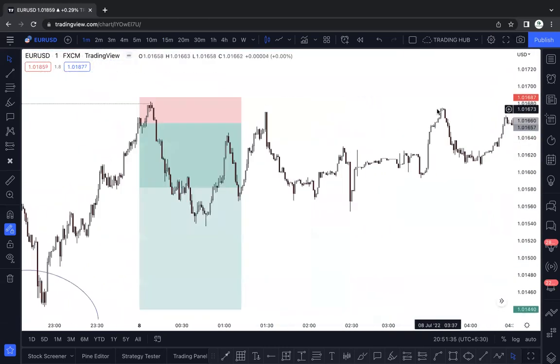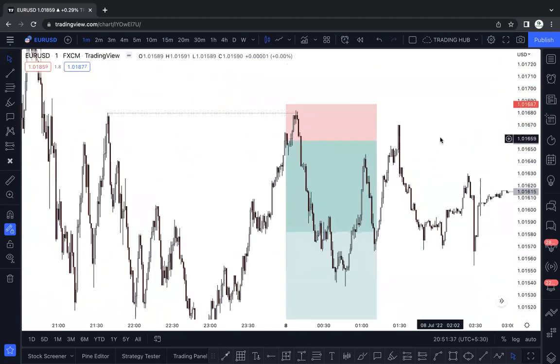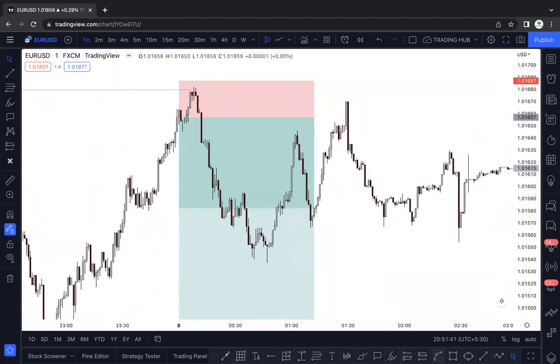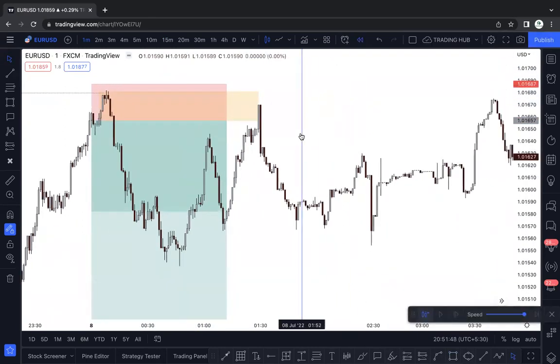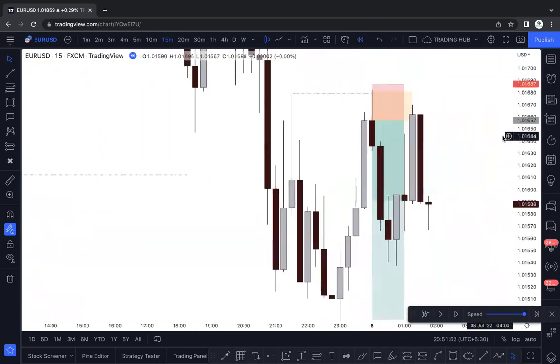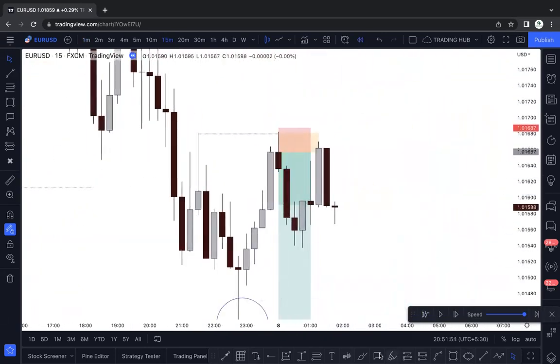Let me show you exactly. Yes, we can see here, this was a zone in the 15-minute. Let me show you through bar replay, then you can understand. I'm talking about this wick.